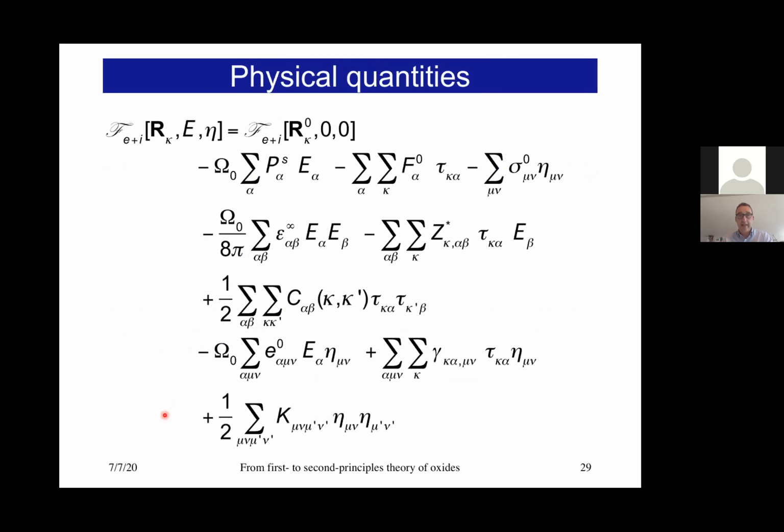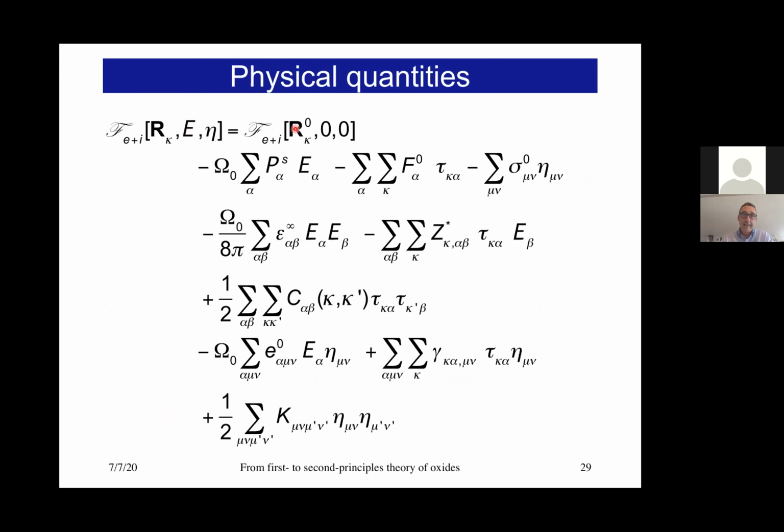I want to mention this just to show that now we have this energy functional here, that is the internal energy or the electric enthalpy, that depends on different parameters here.